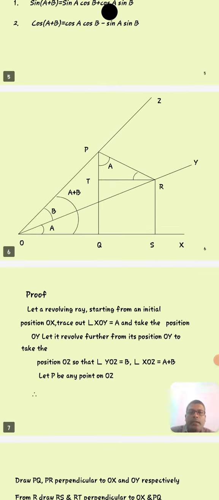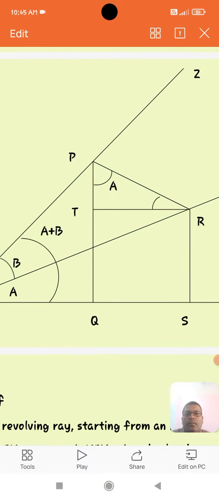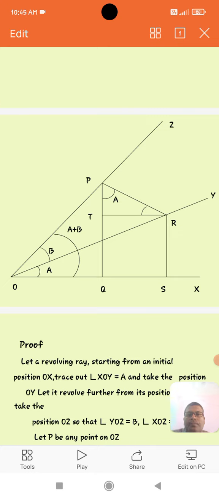You observe this diagram. Here angle A is there, angle B is there.